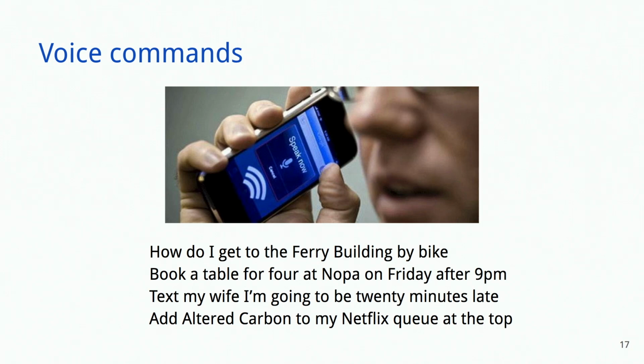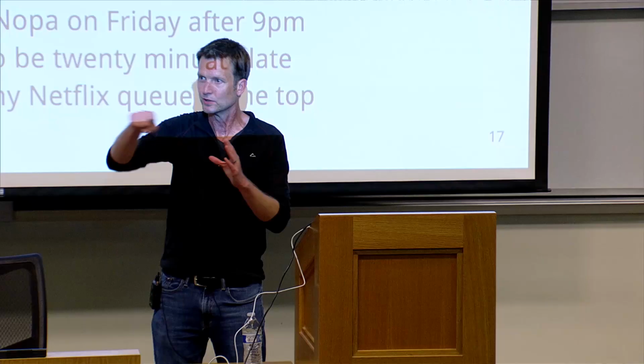One thing to notice here is that these queries are not well served by conventional keyword-based search. Just imagine if you ask Google, how do I get to the Ferry Building by bike? And Google responded by showing web pages containing those terms. That would be a disappointment, because you don't want web pages containing those terms. You want a map with a blue line on it.